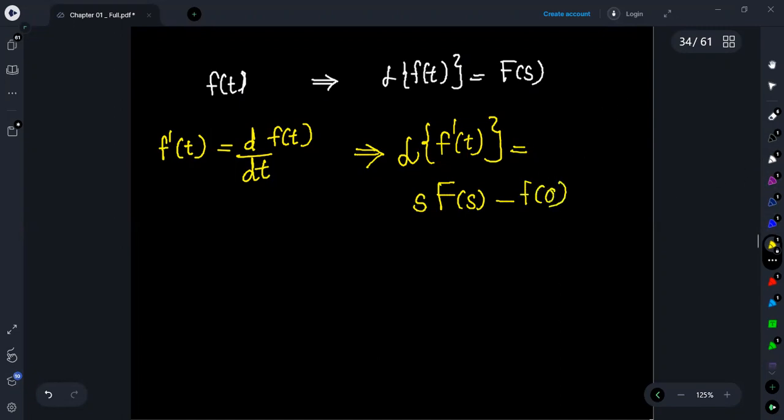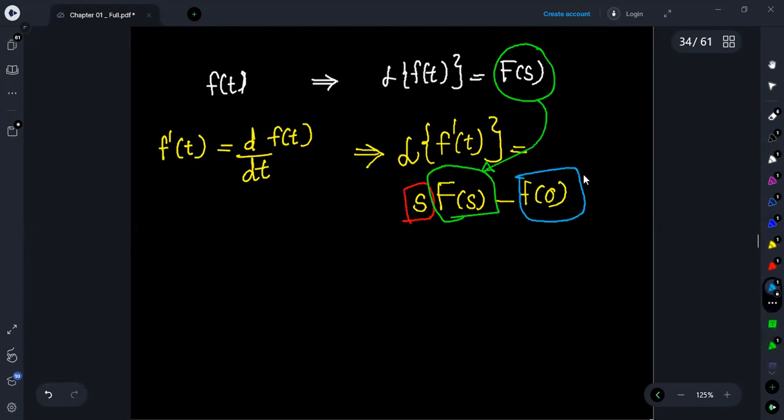Here this s is the variable that we are going to consider, and this capital F of s comes from the Laplace transform of the function f of t. And this f of 0 is also something new. This f of 0 is coming from the function f of t when t is equal to 0.